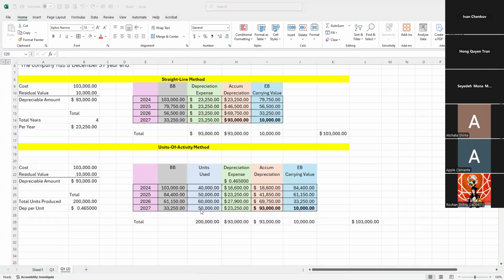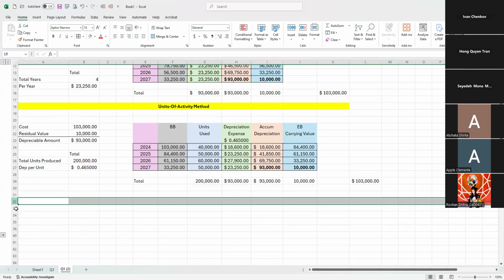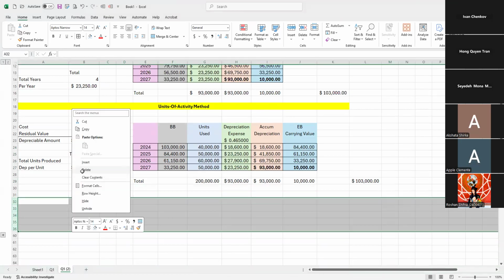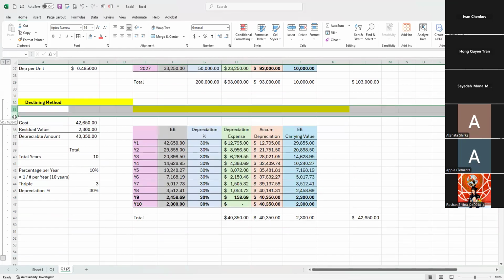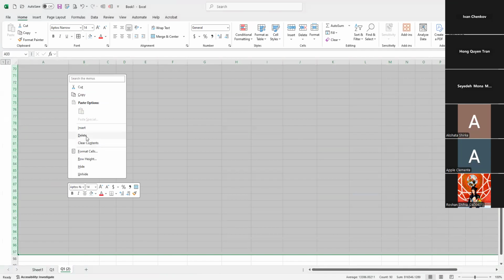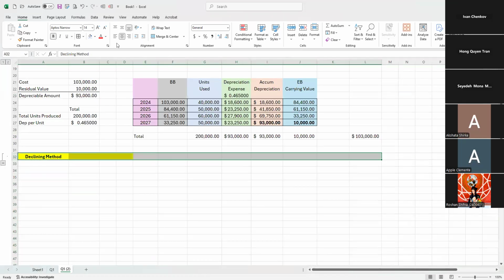Let's see what the question is. Double declining balance method. Let's do the double declining balance method. Too many lines here. Let's get rid of those and use only the name here. We're not going to use anything else. Double declining method. Let's stretch this one.